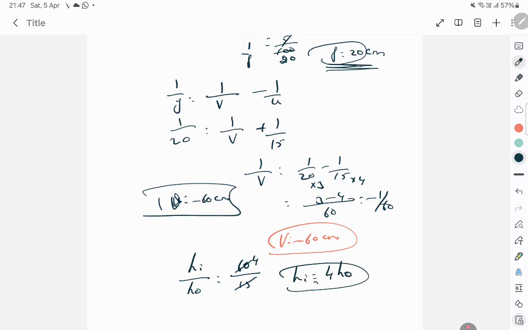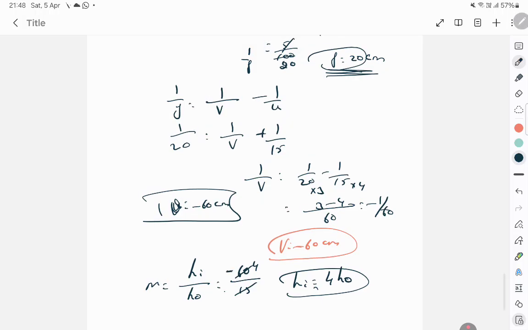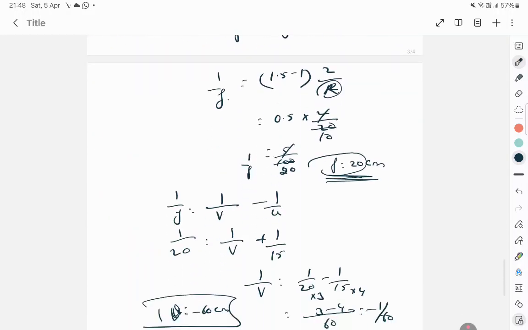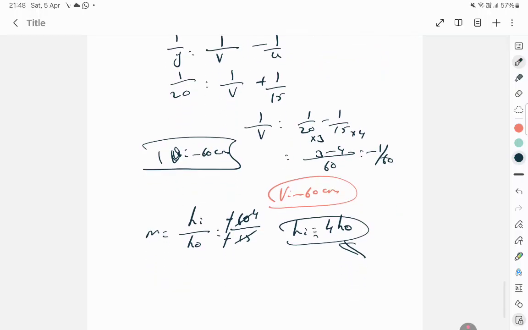Magnification is simply hi by ho, okay, which is given by v by u. So you might think, why wasn't it minus 60 and minus 15? Minus and minus get cancelled, so it makes sense, and this is 4 times its magnification. Calculate the size of the image formed. You know the height of the object is 5 centimeter. So put here 5. So height of the image is 4 into 5, so 20 centimeter. So that will be the height of the image.